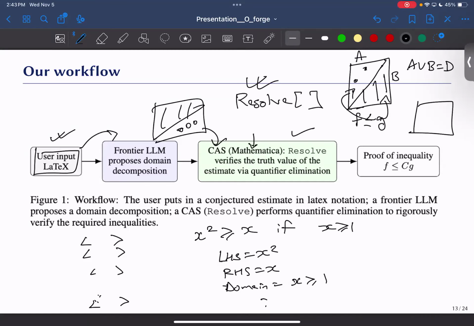Because it might miss another slice in the space. No, but I'm assuming that the union is equal to the entire domain, so every point in the domain is included in either A or B. If Mathematica can solve it on A but not B, you just change the problem to now I have to prove it for the domain B. Okay, that's a good point. We haven't implemented that.